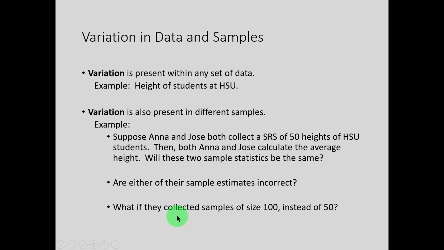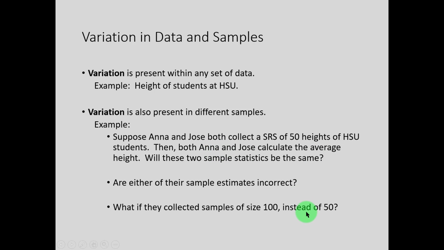What if they collected samples of size 100 instead of 50? Well, they would be collecting more information about the population. So we would expect that the sample statistics would probably be closer to each other, both Anna and Jose's.